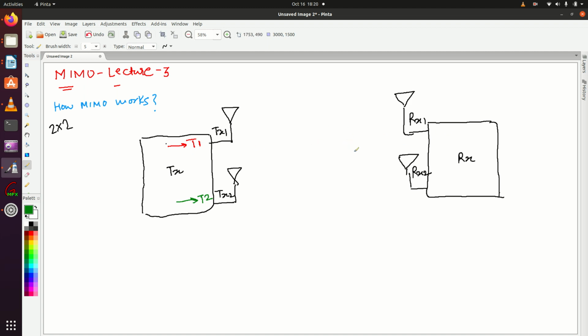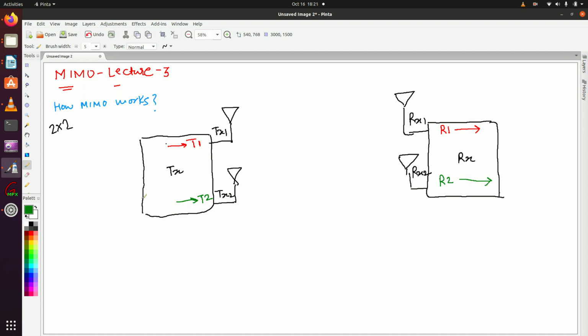But at the receiver unit, we are receiving a signal, let's say R1, and R1 we have received at the RX1 antenna, and R2 we have received at the RX2 antenna.